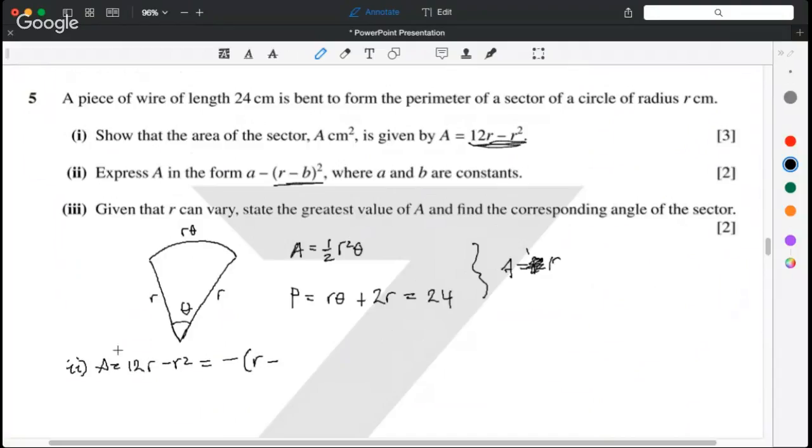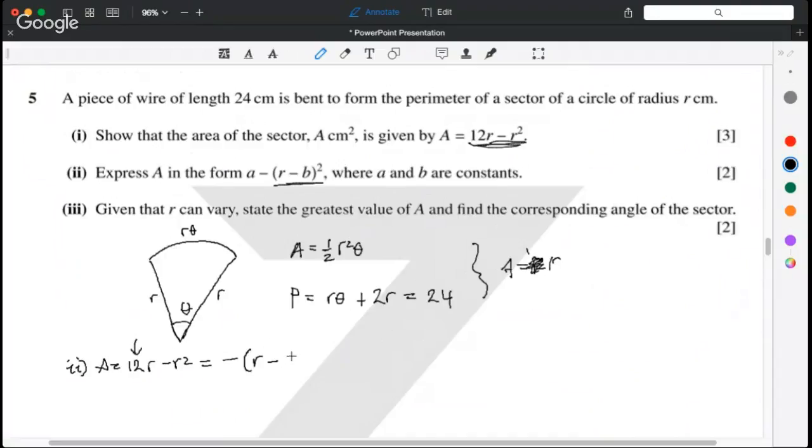Now, the general formula for this is that whatever is in front of just the single r, not r squared, the thing inside the bracket is going to be half of that, because you're going to get two copies when you multiply out the bracket.